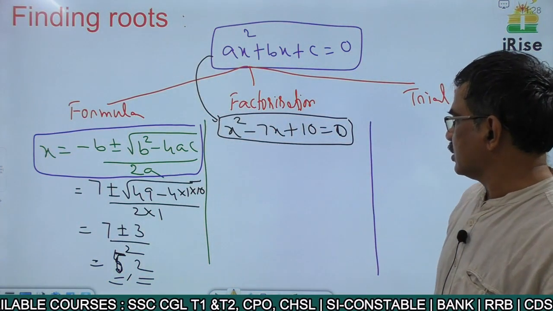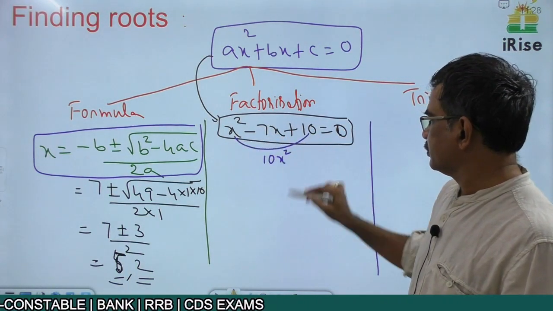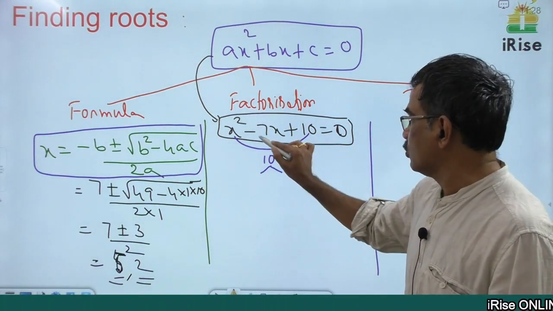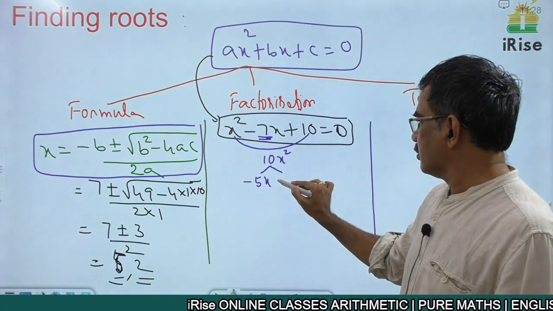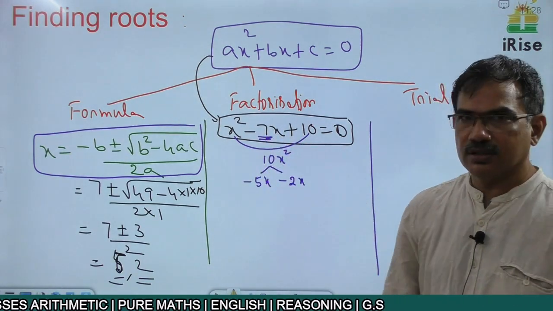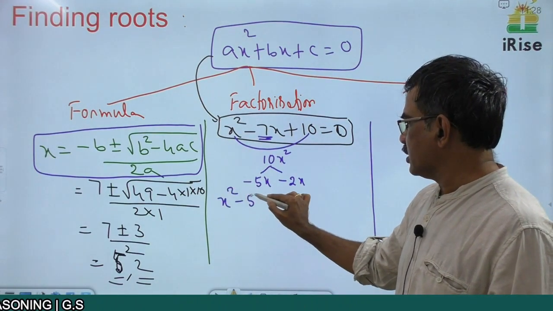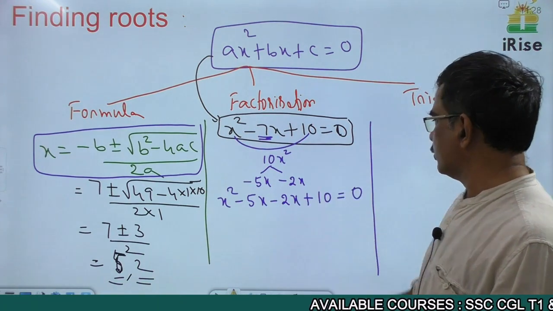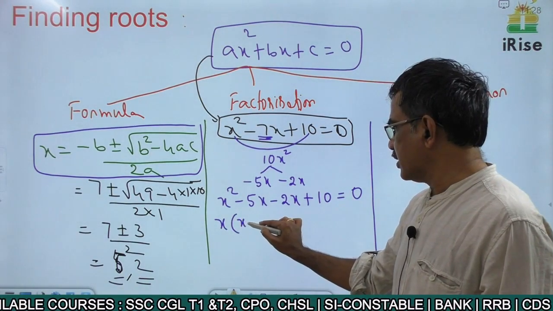What is factorization? First we have to multiply these two, we get 10x square. And write this as a product of two terms such that the sum must be equal to the middle value. Minus 5x, minus 2x. Product is 10x square, sum is minus 7x. Therefore, this equation can be written as x square minus 5x minus 2x plus 10 is equal to 0. From the first two take x common, we get x into x minus 5.